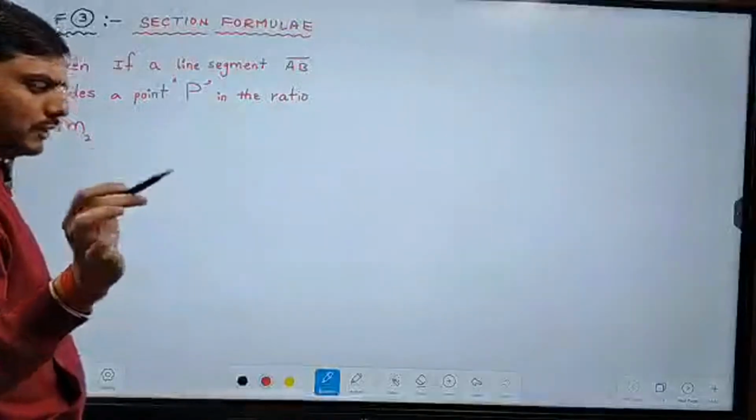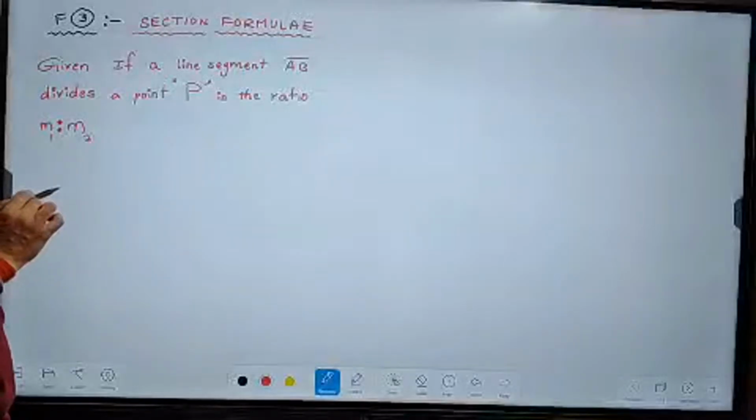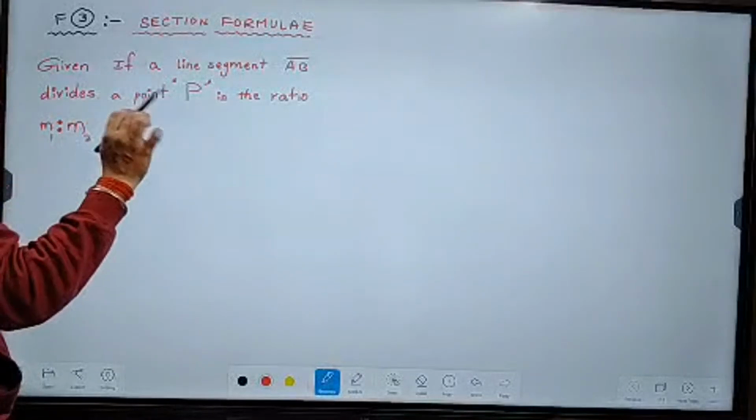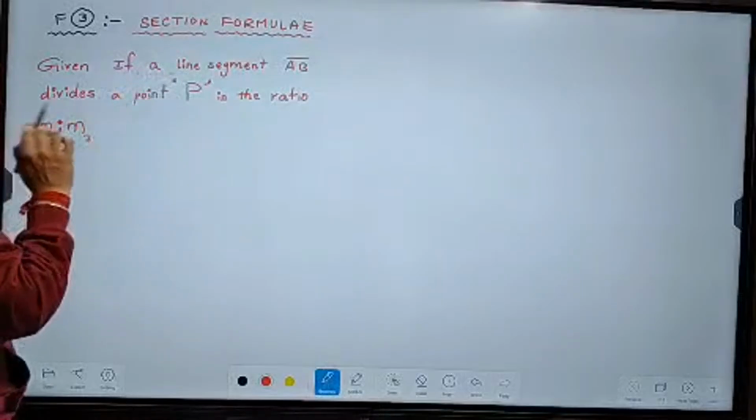Your textbook has the formula with ratio m1 is to m2, so I am taking that one also. P divides in the ratio of m1 is to m2.